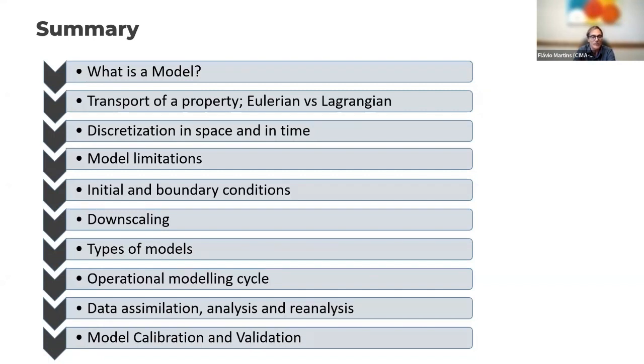And then we will talk a little bit about model limitations. We'll talk about boundary conditions and initial conditions. What is downscaling? The different types of models and the different types of numerical methods. What is an operational model? What is data assimilation? What is analysis and reanalysis? And what is model calibration and validation? Okay, so these are the basic topics that we are touching today.